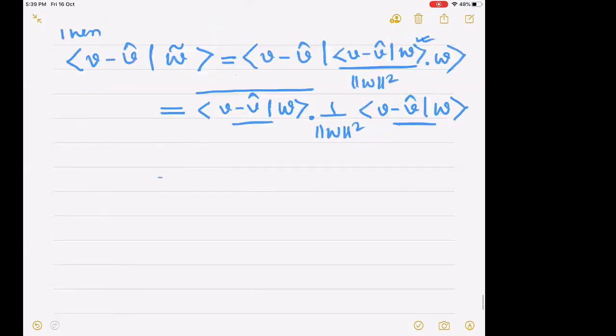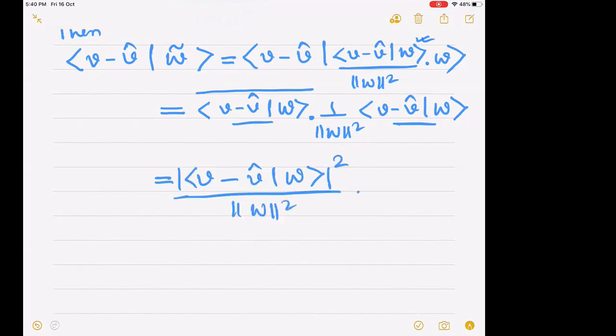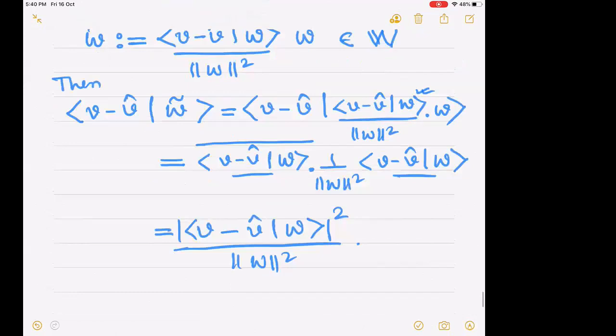So this is the magnitude squared of V minus V hat inner product W, divided by norm W squared. This is the fate of the inner product.